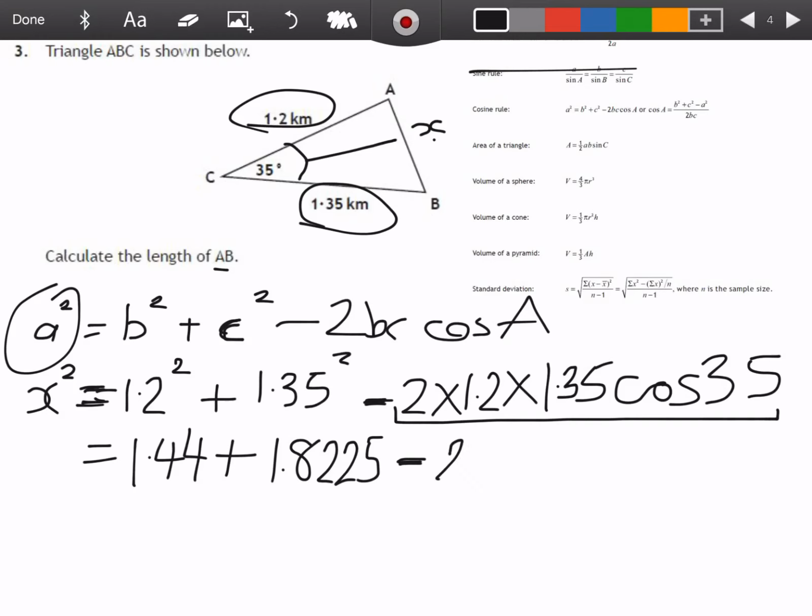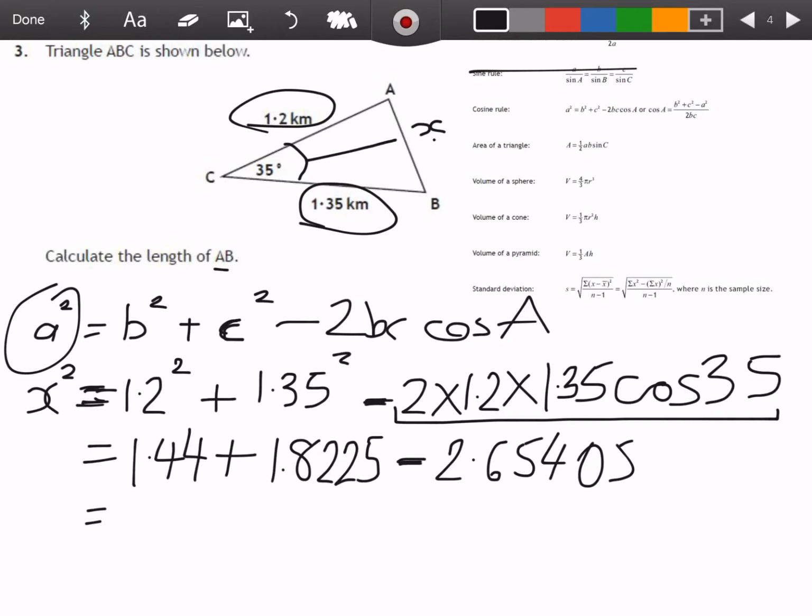And that gives me 2.654. And you'll notice I'm not just going to write 2.6, because this is not a final answer. We're not rounding or anything. Keep as many digits as you can. Right, let's see. I'm just going to get the final answer here. 1.44 plus the 1.8225, take away that answer.